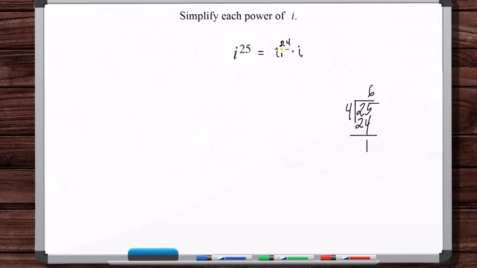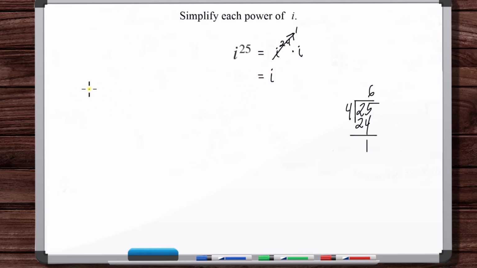The advantage of this is that we know that i to any power that's a multiple of 4 is just 1. And so we're left with i. That's the big idea.